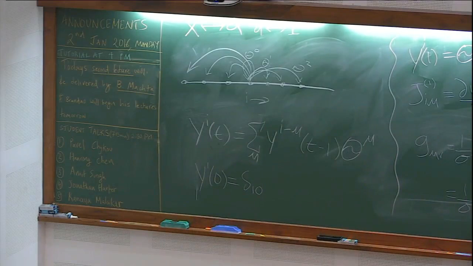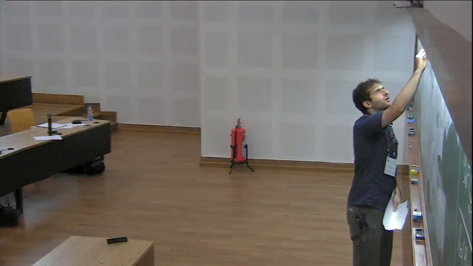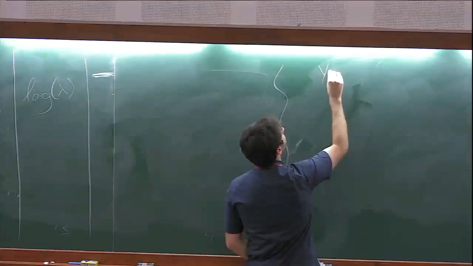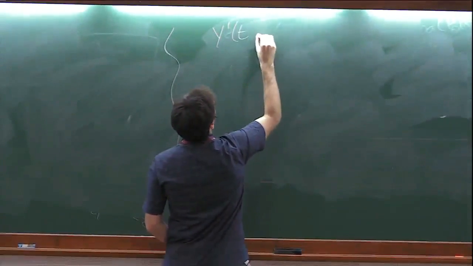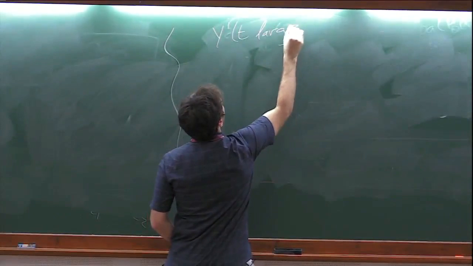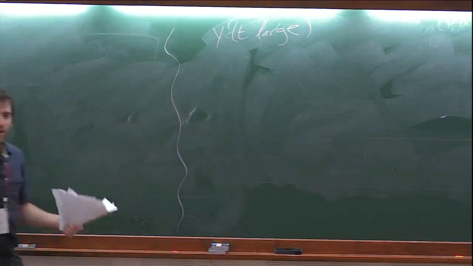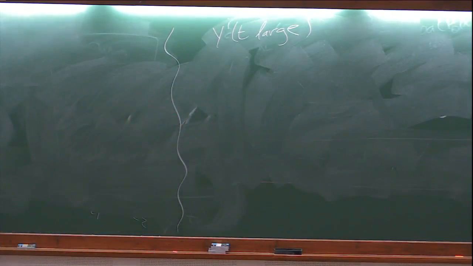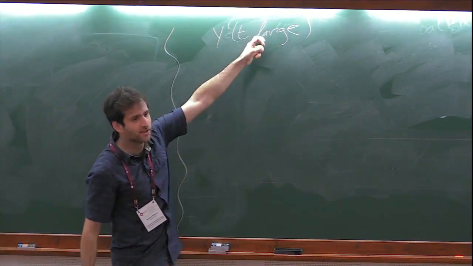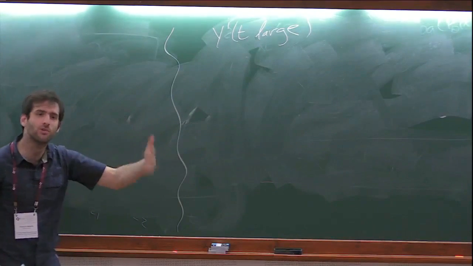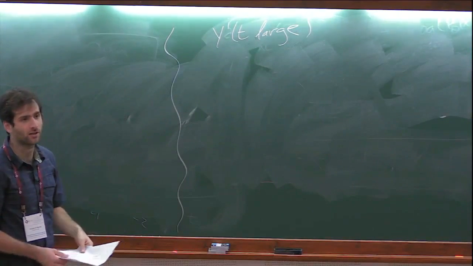For y_i of t large, you actually know from the central limit theorem, or I will tell you from the central limit theorem, that as time gets large, the distribution of these has to be given by a Gaussian.